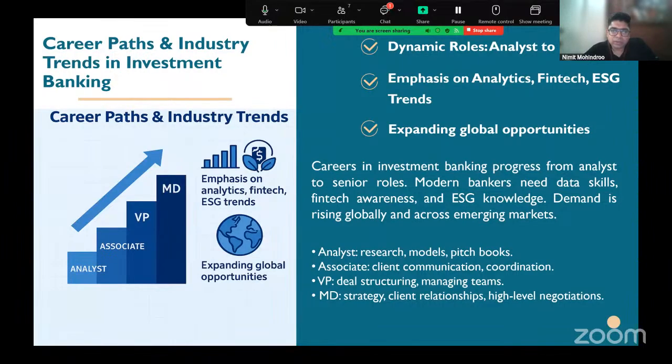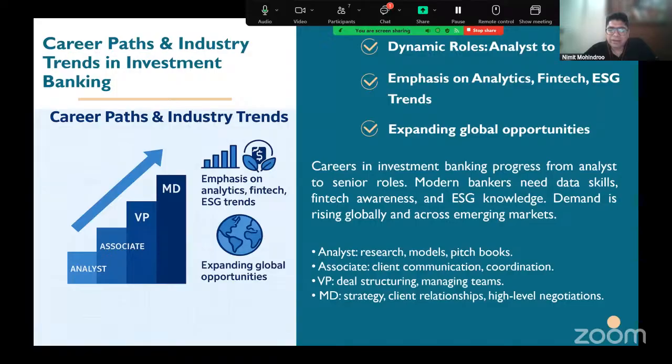The associate role is client communication and coordination. The VP deals in deal structuring and managing teams. The MD handles strategy, client relationships, and high-level negotiations. So a business analyst can start as an analyst and aim to become an MD of the investment bank. Careers in investment banking progress from analyst to senior roles.